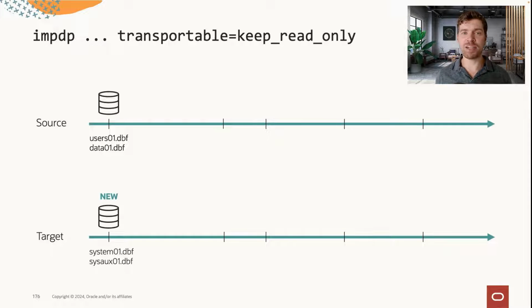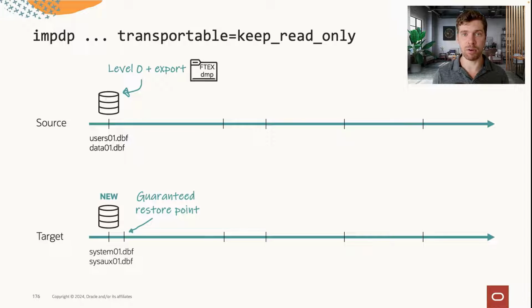Okay, so here I have my source and target systems. First thing I do is take a level 0 backup in my source system and the full export for transportable on it. In my destination server, I create a GRP on my database, so that way I can flash back later to this point after trying my changes.